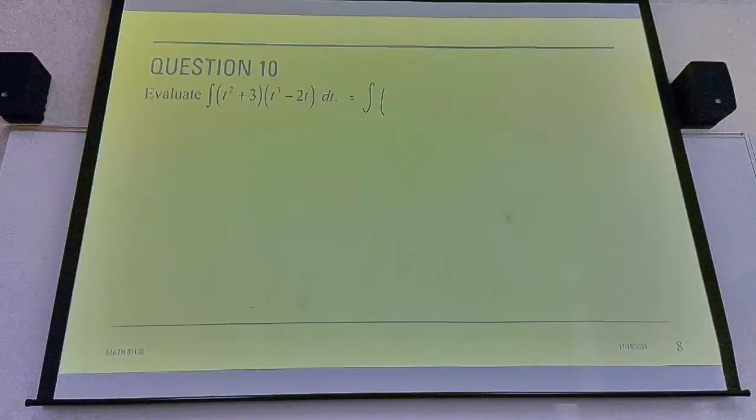FOIL that out, what do you get? T to the 5 plus 3t to the third minus 2t to the second minus 6t.